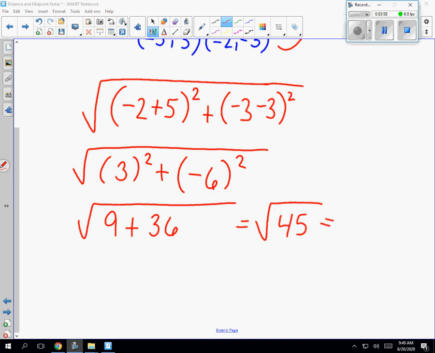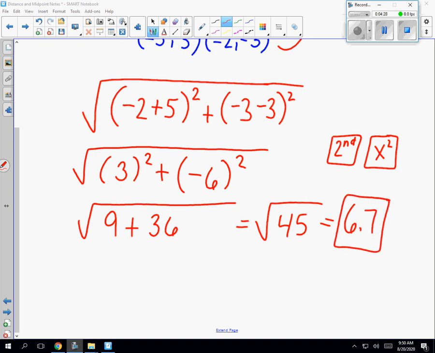In your calculator, you need to hit the second button and then the squared button, and that does a square root. You'll hit square root of 45 and just round it to the nearest tenth. So it'd be 6.7, and that would be your distance.